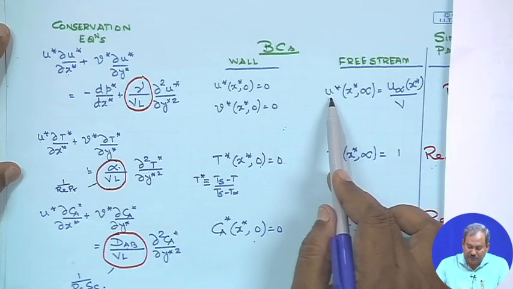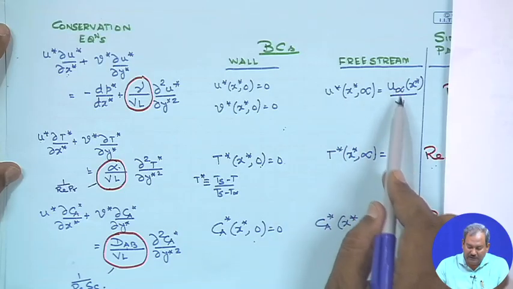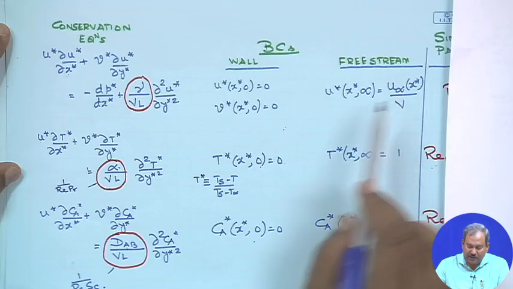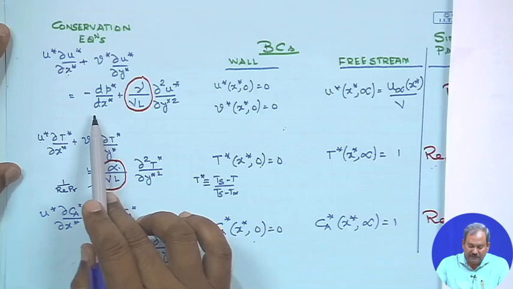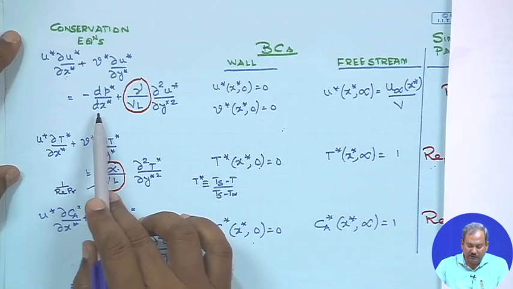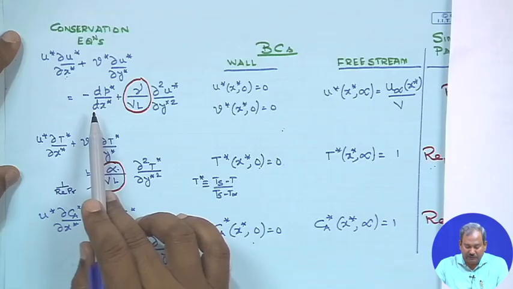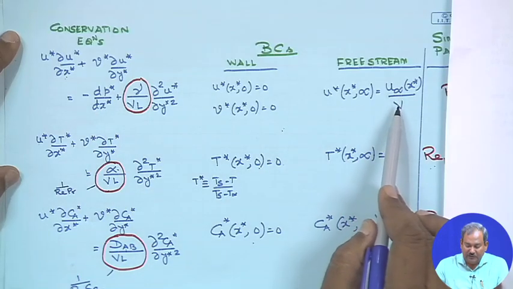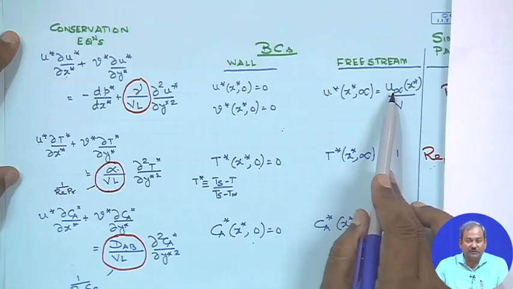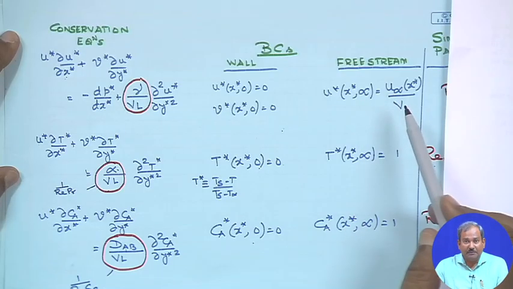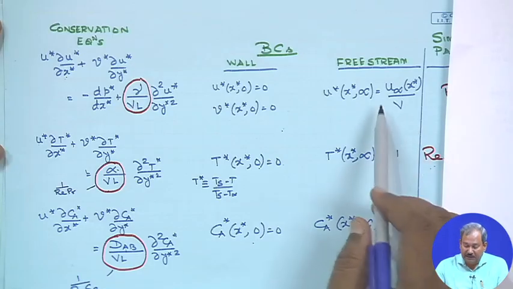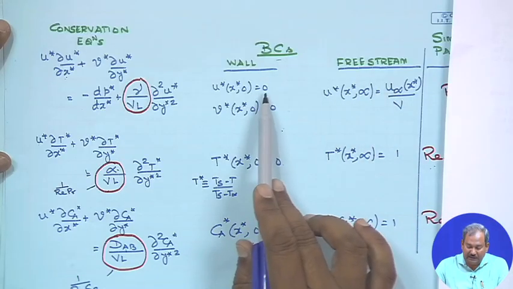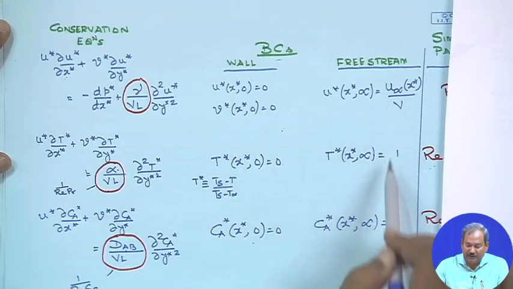However, U star, which was equal to U infinity by V, would now be equal to 1 since I have assumed dp dx to be 0, which is essentially a case of flow over a flat plate, and we understand that for flow over a flat plate the value of the approach velocity would be equal to the value of the free stream velocity. So, by making the assumption dp star dx star equal to 0, I am making all the boundary conditions identical both at the wall as well as the free stream.